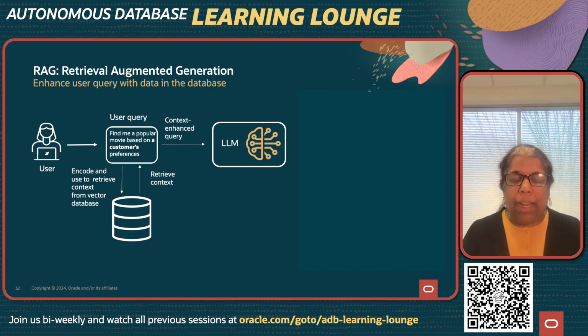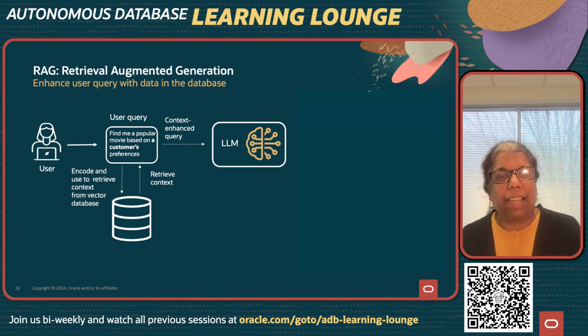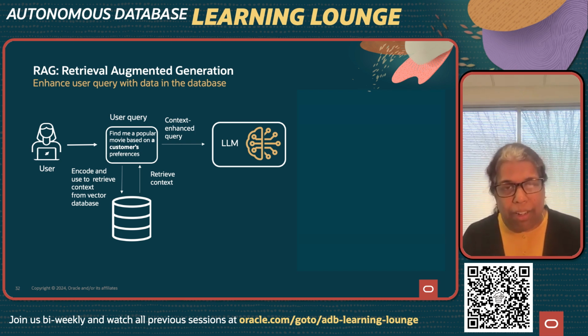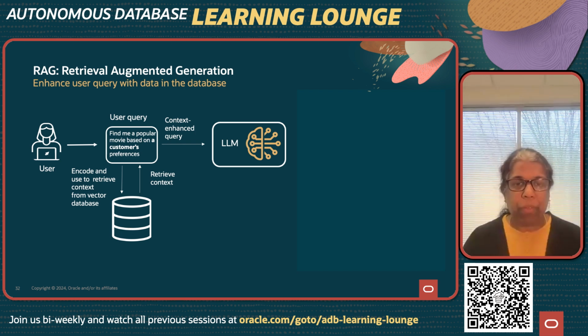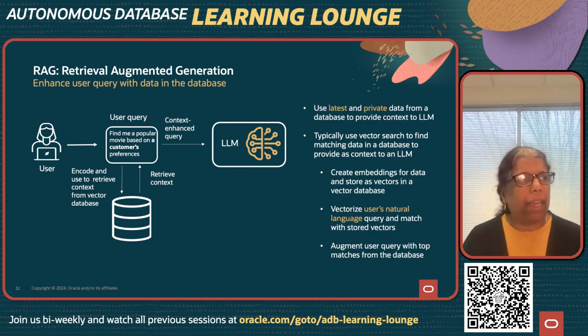Finding additional information from your database and using that to enhance the question that you're asking the LLM, giving additional context to the LLM. So this typically happens with traditional RAG. Users ask a query in natural language, perhaps, and that is encoded into a vector representation.